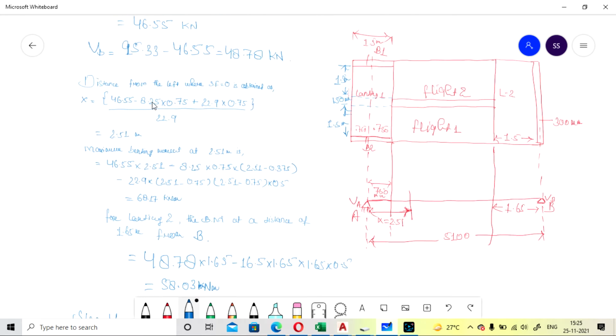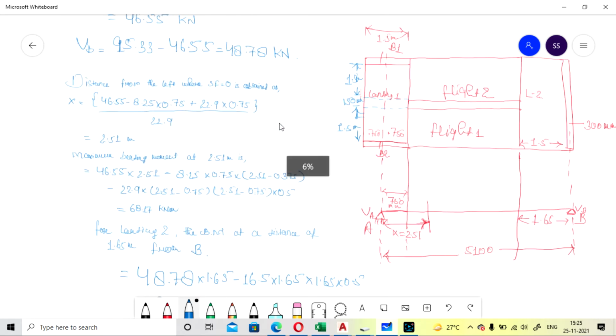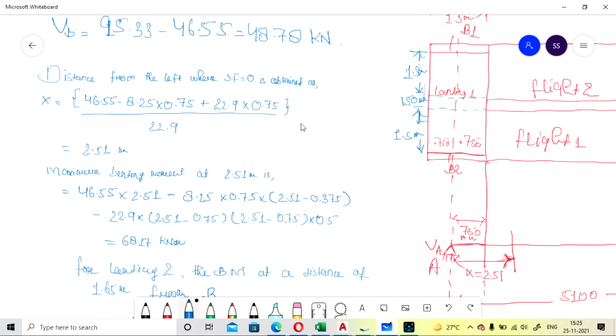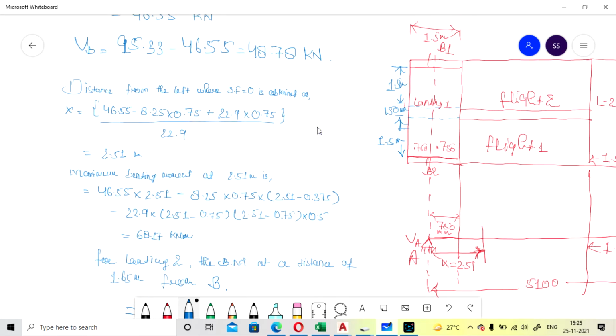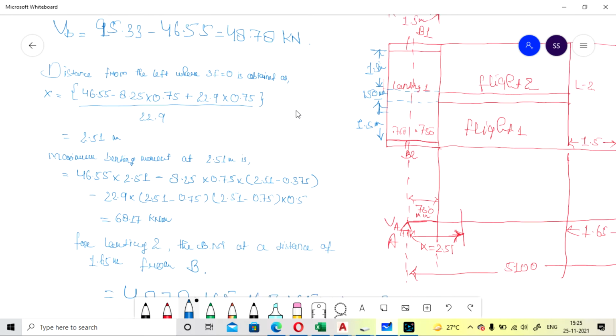The distance from the left where shear force is obtained as 0 is 46.55, that is VA, minus 8.25, the ultimate load on landing 1, multiplied by 0.75, the length from mid, plus 22.9, the ultimate load on the flight, multiplied by 0.75, divided by 22.9.